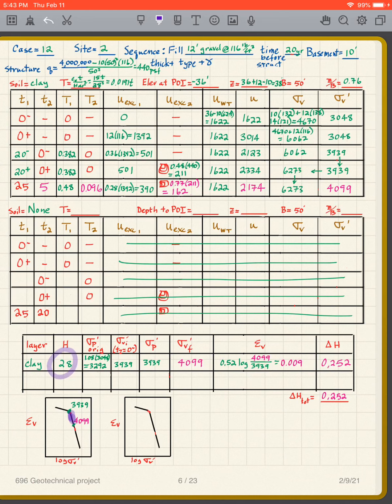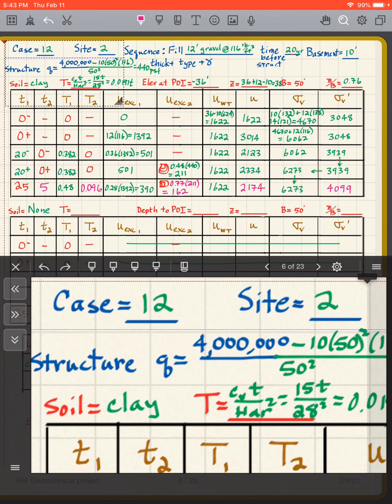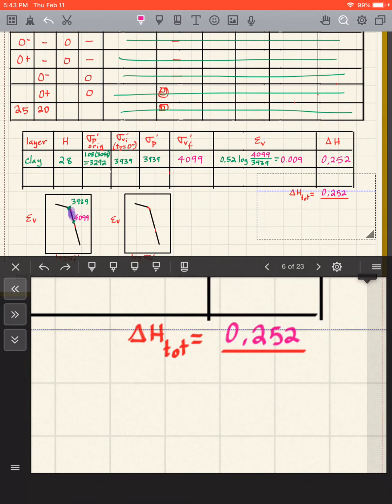My H, the thickness of the clay layer, is 28. I multiply that out, I get 0.252. So 0.09 times 28 gives me that. And since there's no other layer, I get settlement in the center of the structure of 0.252. And we'll just put the units on it. 0.252 feet.